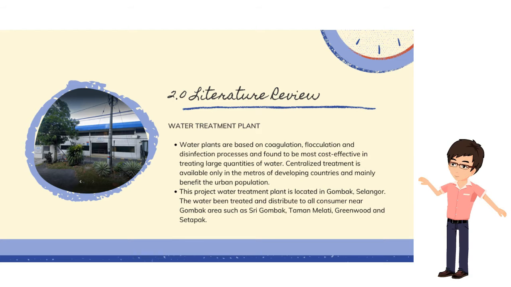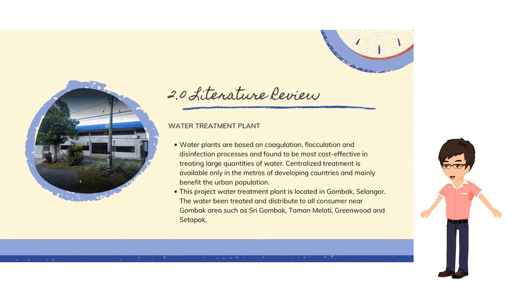Thank you. Water treatment plant. Water treatment plants based on coagulation, flocculation, and disinfection processes are found to be the most cost-effective in treating large quantities of water. Centralized treatment is available only in the metros of developing countries and mainly benefits the urban population.